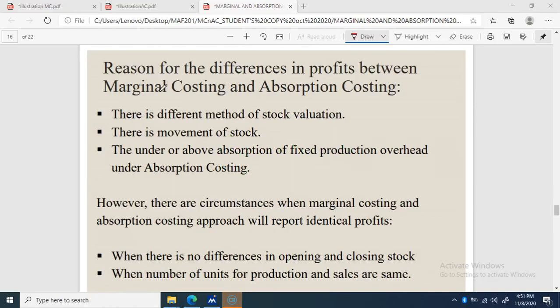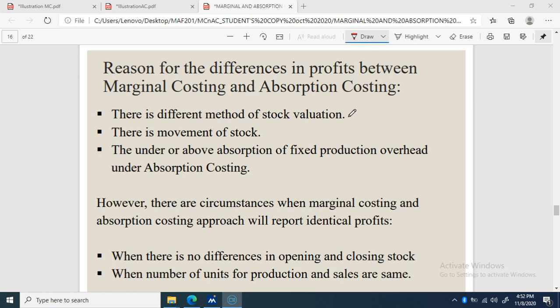Okay, if we refer to the illustration, marginal costing and absorption costing, we have different net profit for marginal and absorption. Sometimes we have equal, sometimes we have different. So these are the reasons why we have different profit between marginal costing and absorption costing. Number one, there are different methods of stock valuation.